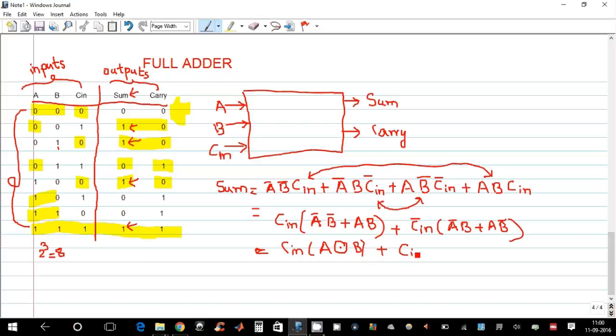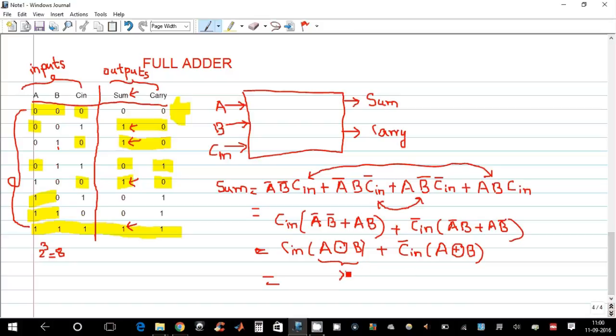So from here, if we take c in bar, already we have taken common, so this is a bar b plus ab bar, which is equal to a XORed with b. So now you can consider these expressions to be, let's say, some x.